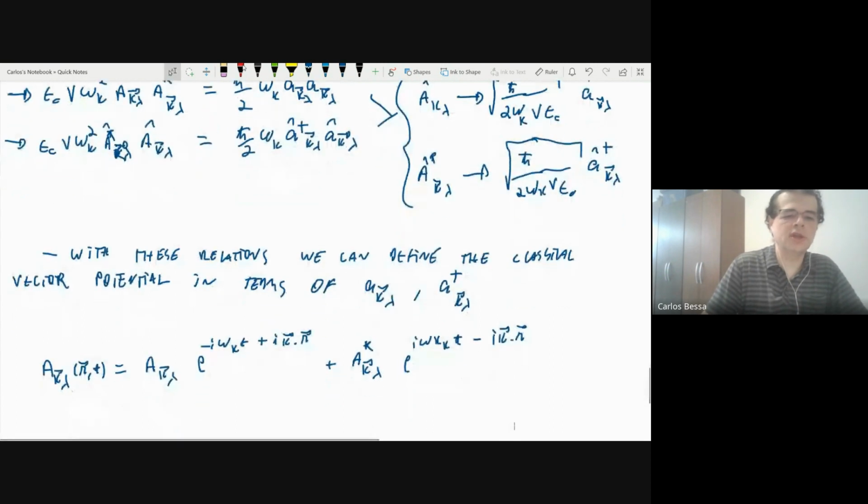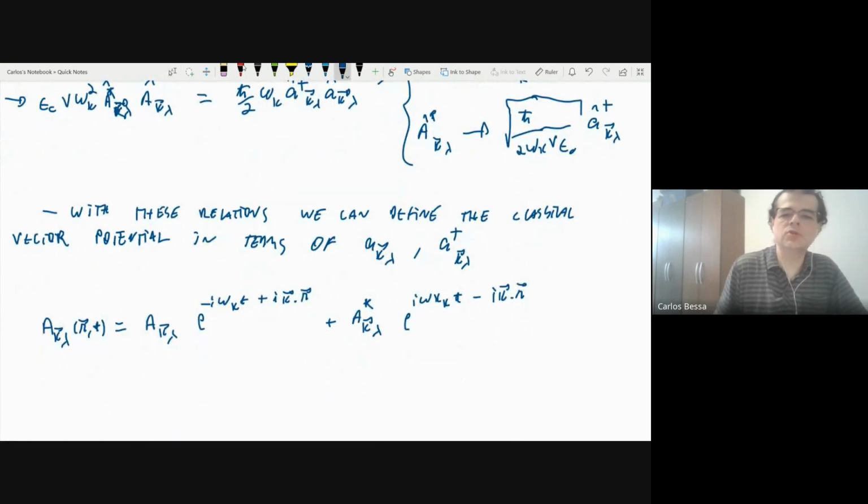So this is from the classical theory. With the relations, we can define the classical vector potential in terms of this.